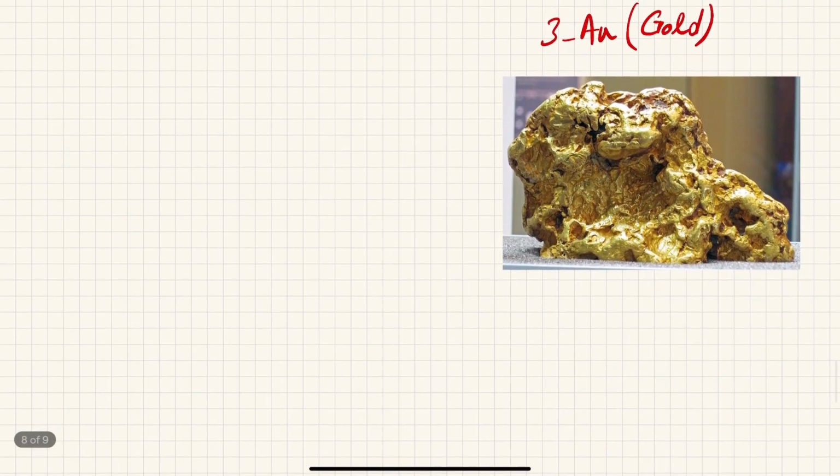Okay, let's go to the third one. Gold. Okay, as you obviously know, and it is shown in a picture, gold is a solid and it looks shiny. It is also an extremely perfect conductor of electricity. So, this one is a metal too.